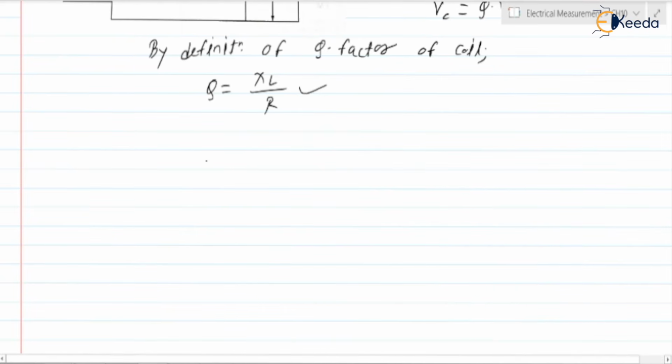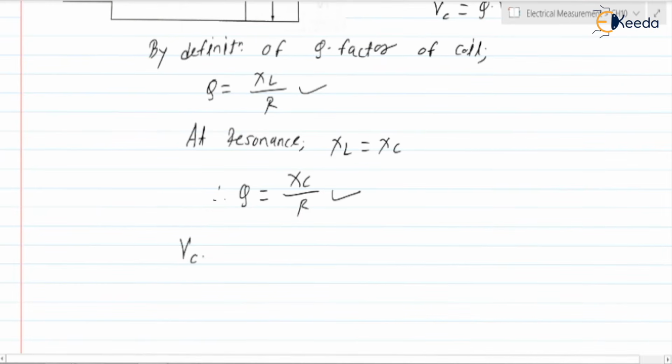At resonance we have XL is equal to XC, so we can write Q is equal to XC by R, because XL and XC are both the same.